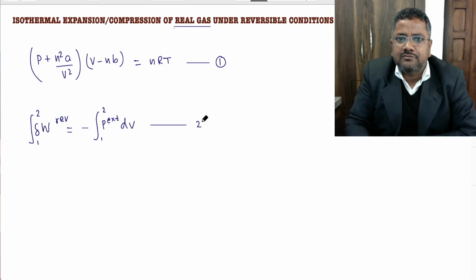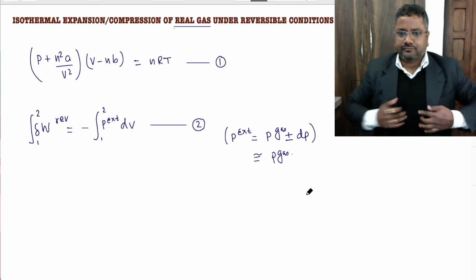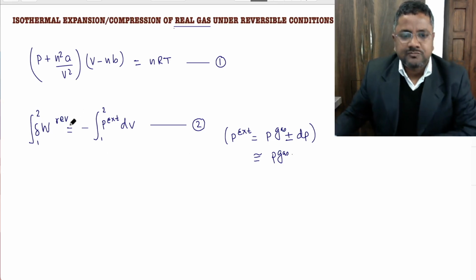The process is reversible, so you can use P external is equal to P gas, and this is equal to minus integral of P gas dV, you can write. Is this thing clear? Any doubt? Hopefully there is no doubt.